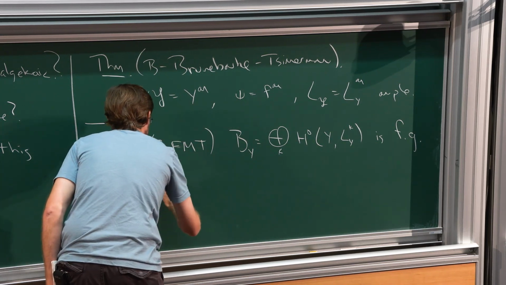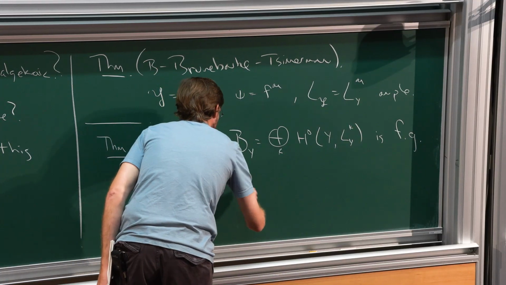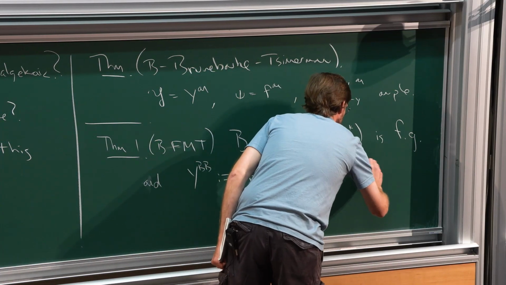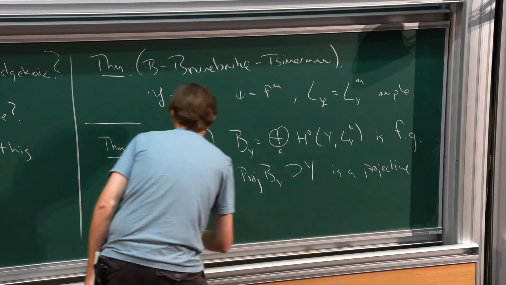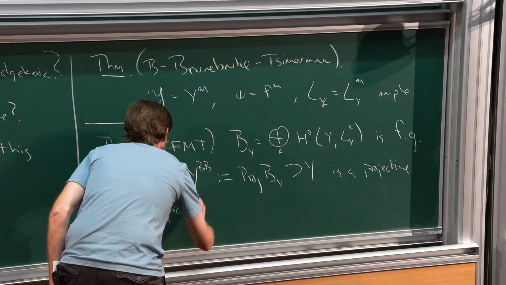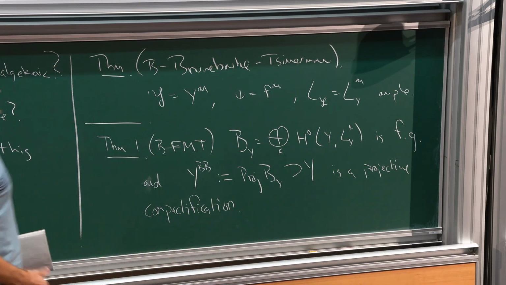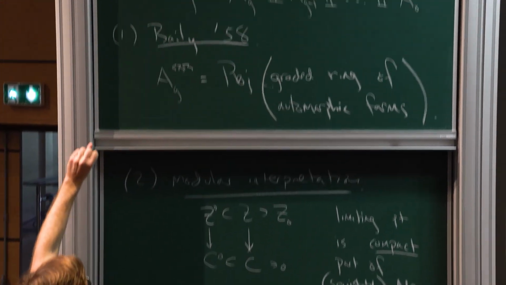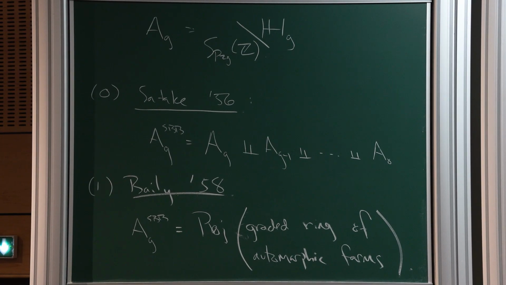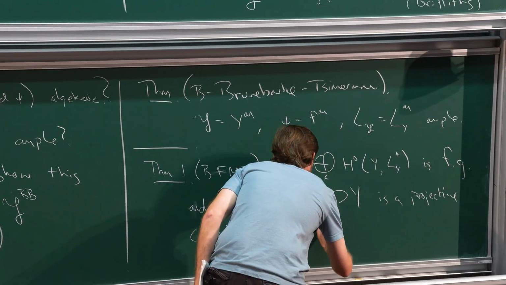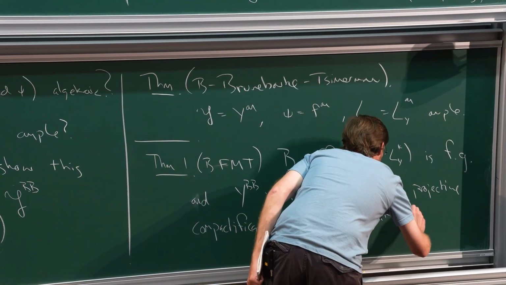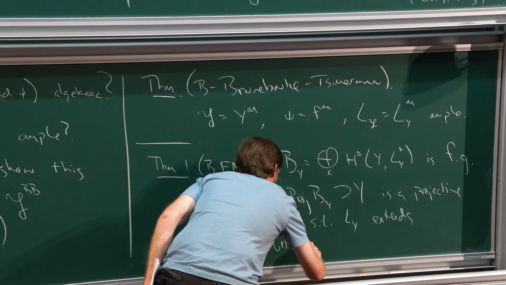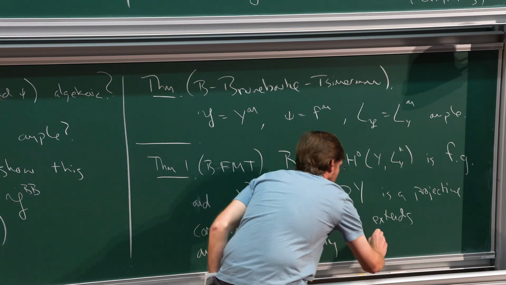And if we define the Baily-Borel compactification as just being Proj of this ring, it's a compactification of Y satisfying that this line bundle, which is called the Griffiths bundle, extends amply and universally in that sense, such that L_Y extends amply and universally, as in 4.